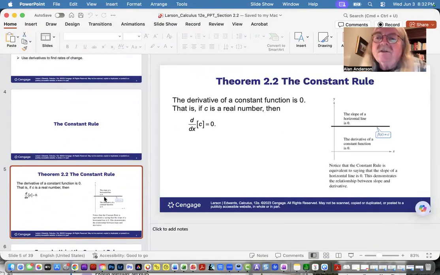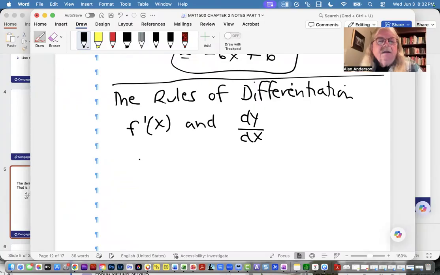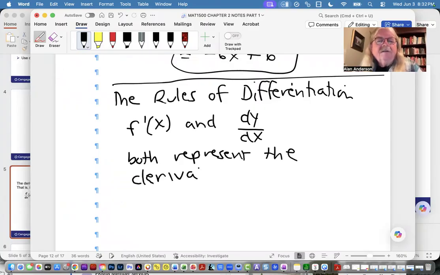By the way, if you notice, they're switching the notation to dy dx. So remember, f prime of x and dy dx both represent the derivative of a function.